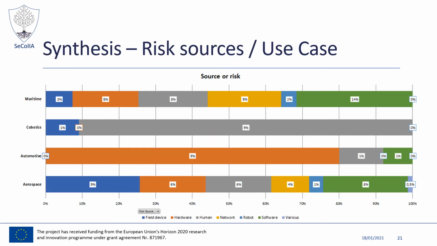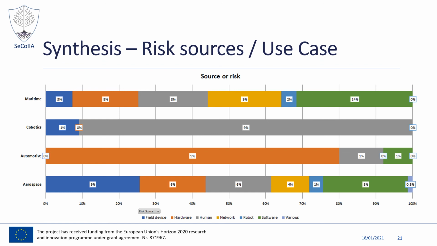So as a summary of the whole risk assessment, as you can see, we have found several sources of risks, and we cannot say that there's a pattern here. So you can see already that for each use case and for each industry, the sources of risks are different, even though maritime and aerospace are kind of similar due to the nature, let's say, of the plants.